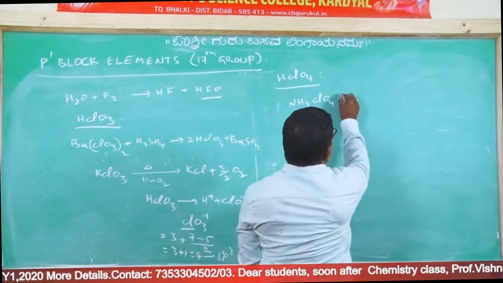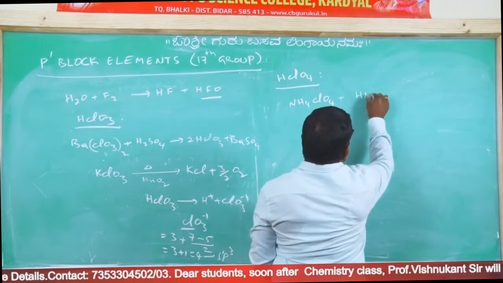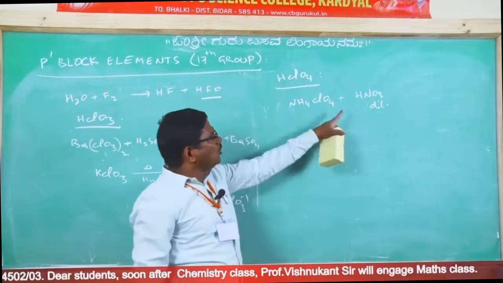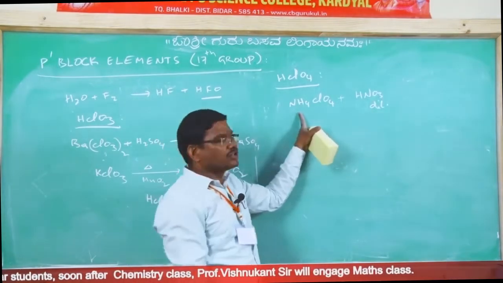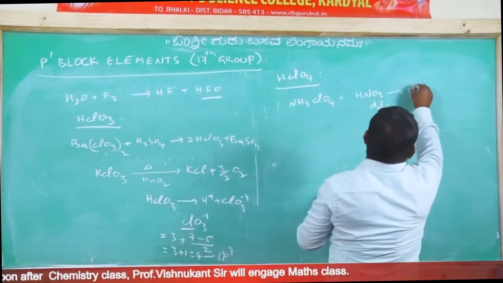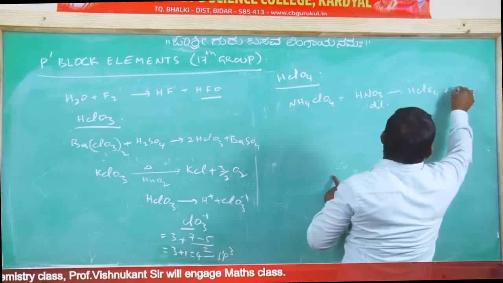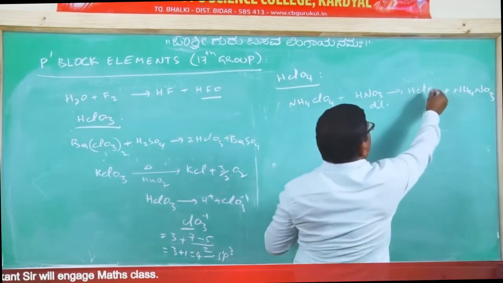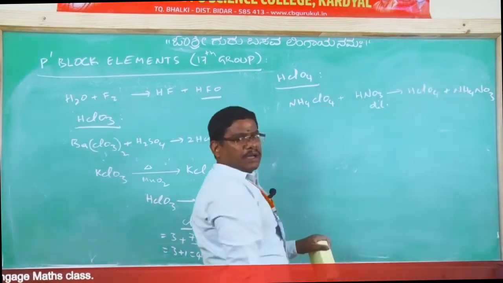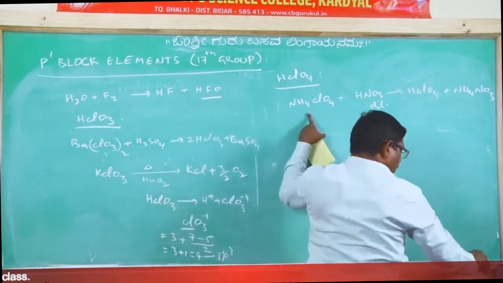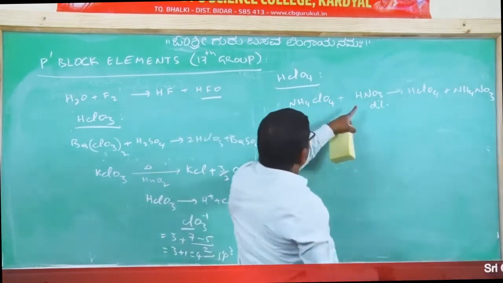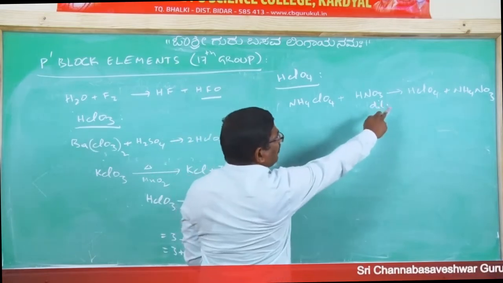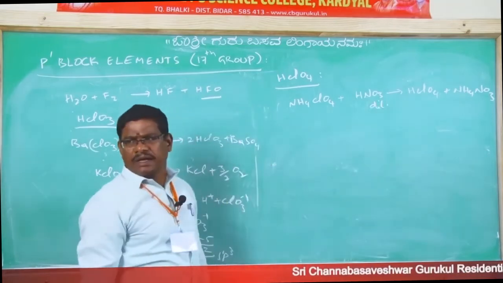This ammonium perchlorate, when treated with dilute nitric acid, will give perchloric acid along with ammonium nitrate. Clear? So like this perchloric acid is prepared.